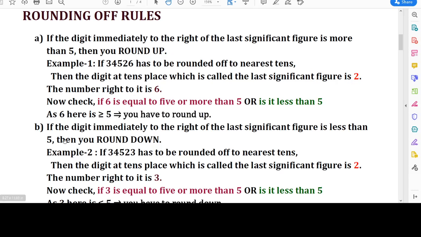Understanding? Now we shall look into the second rule. If the digit immediately to the right of the last significant figure is less than 5, then you round down.